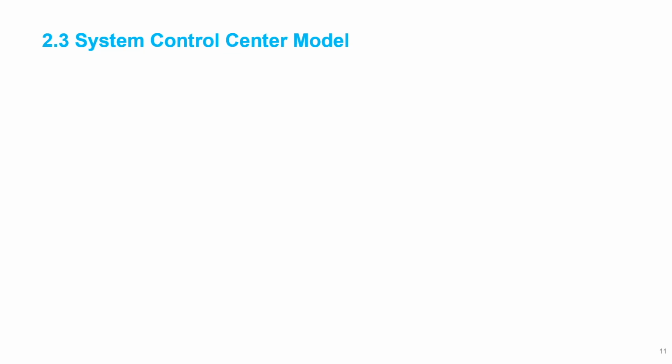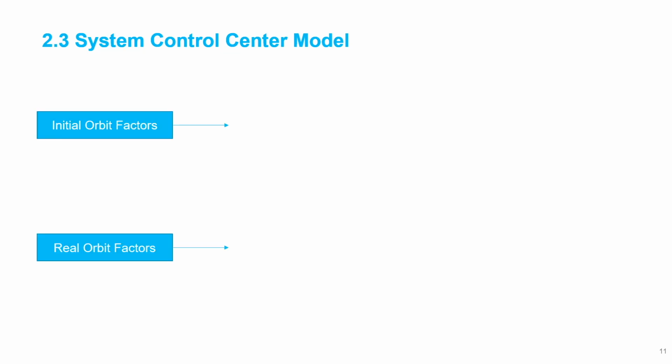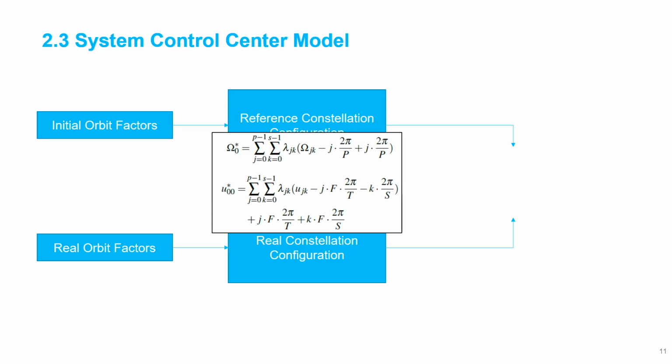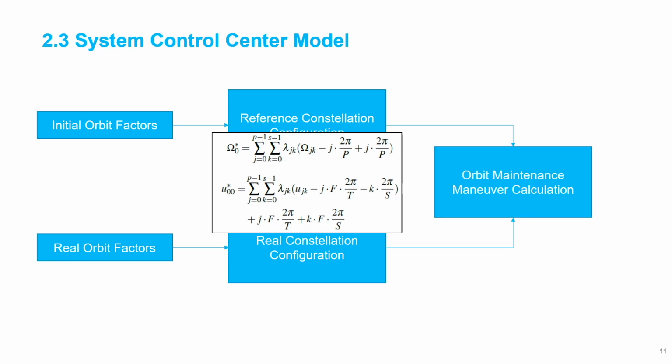The initial orbit factor is used to obtain the reference constellation configuration through this formula. And the subsequent actual orbit factor is calculated through a similar formula to obtain the actual configuration of the constellation.